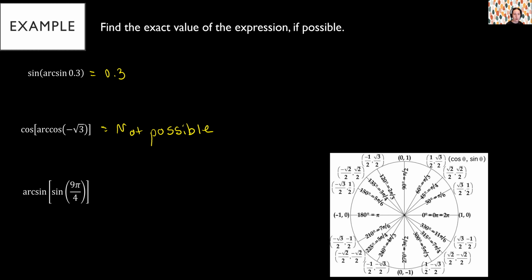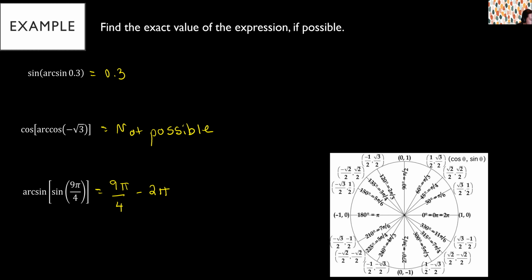So we have to convert it into the form from -pi over 2 to pi over 2. So this would be 9 pi over 4, but we have to subtract 2 pi in order to get the correct angle that is within our allowed output, our allowed range. So 2 pi is equivalent to 8 pi over 4.